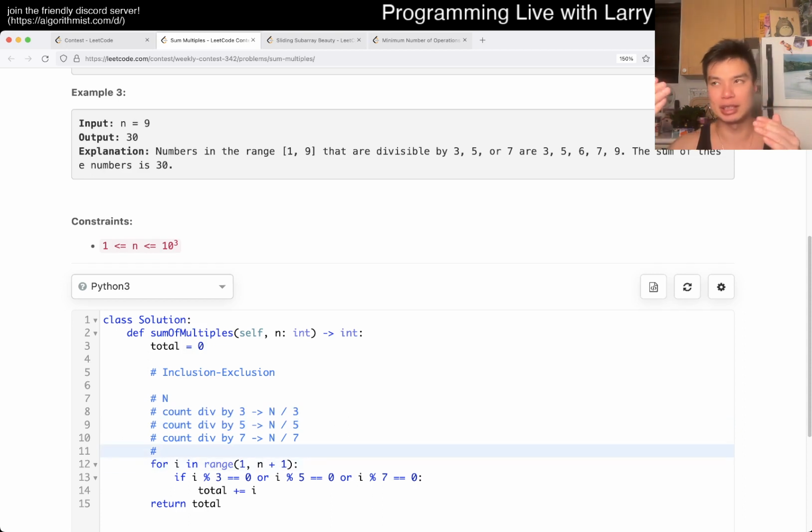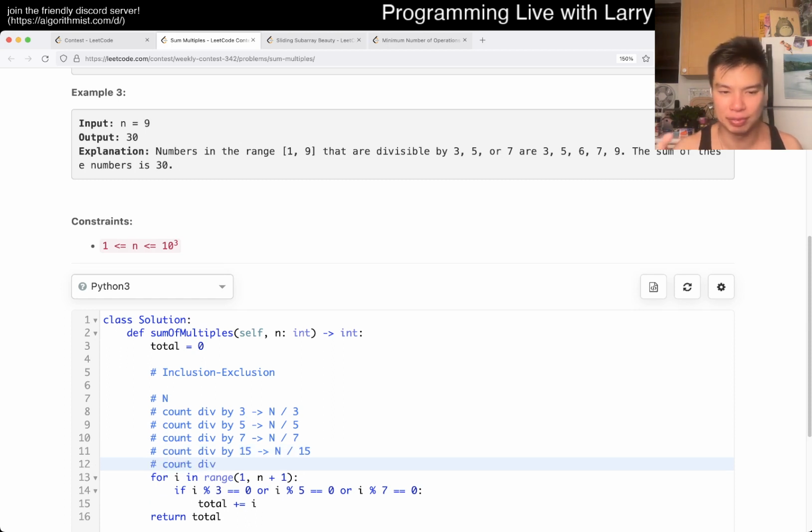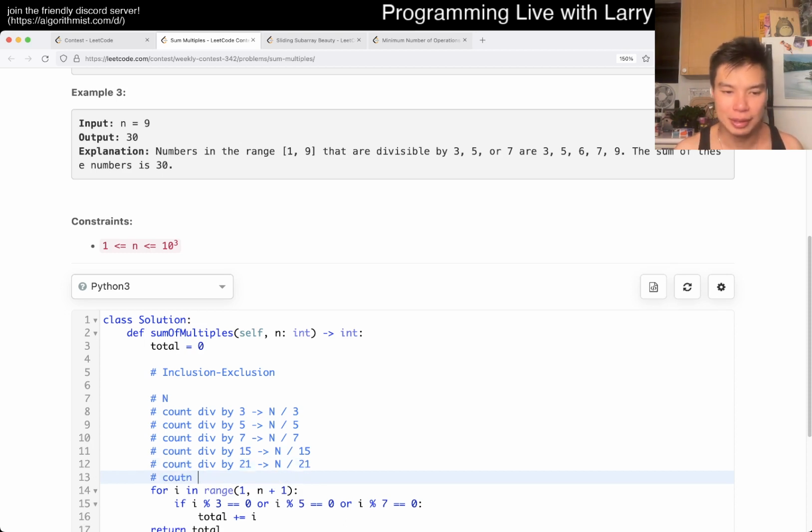So you're double adding this, so now you have to subtract out n divided by 15, and then do the same logic with 3 times 7, which is 21, and also the last one, 35, which is 5 times 7, right?